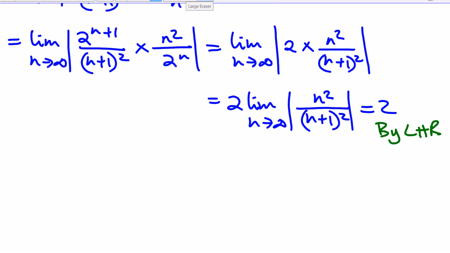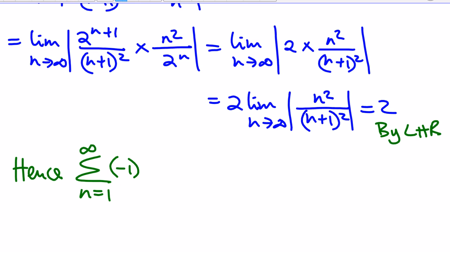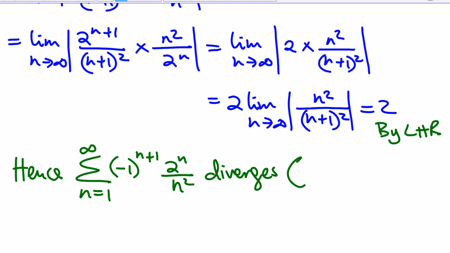No need of putting that out. So we can write our conclusion. Hence, this series diverges because this is greater than 1. So this diverges, and this is by the ratio test.